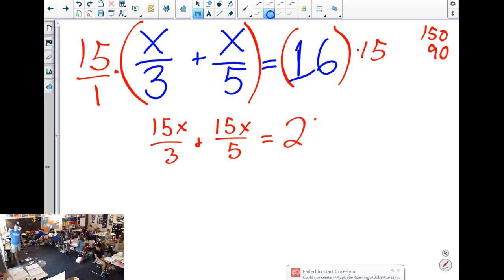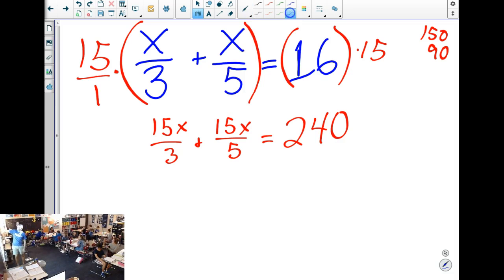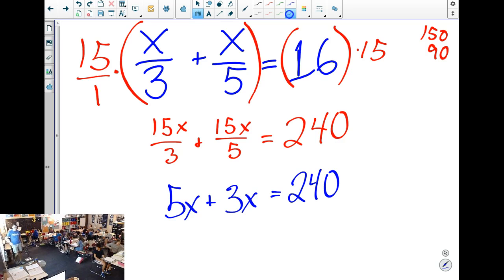So this becomes 240. This now becomes 5x. This becomes 3x. And, well, 240 is still 240.